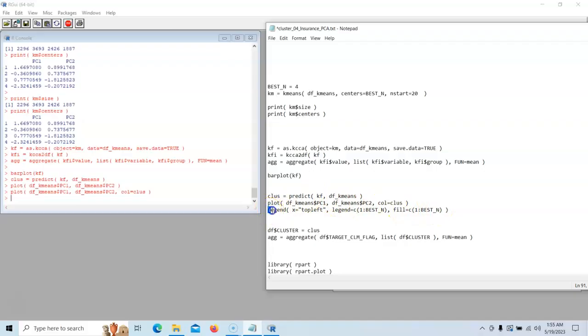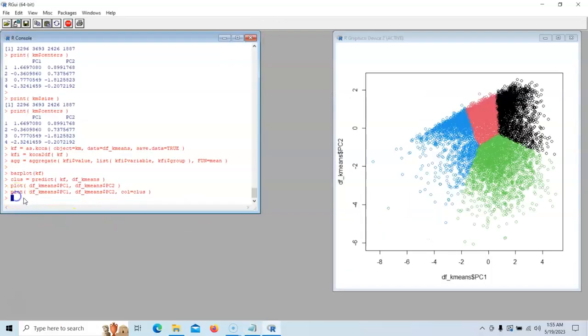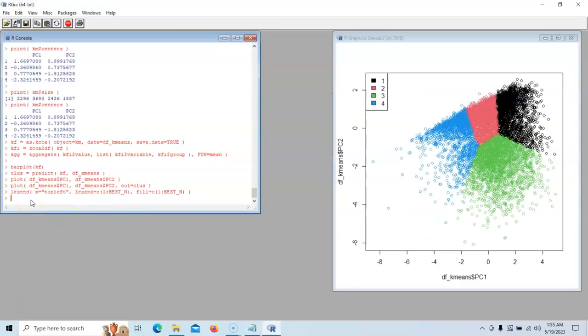So let's put that legend in there. And there it is. So you can see that cluster number 1 is right here. Cluster number 2, the red one, is over here. Cluster number 3 is this one. And cluster number 4 is this one.